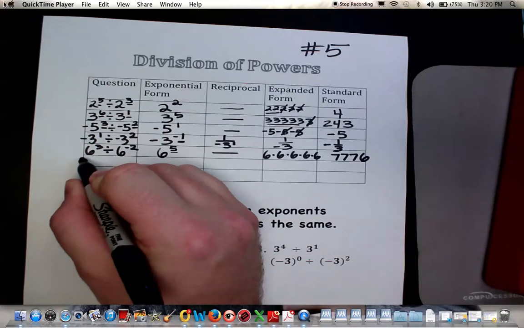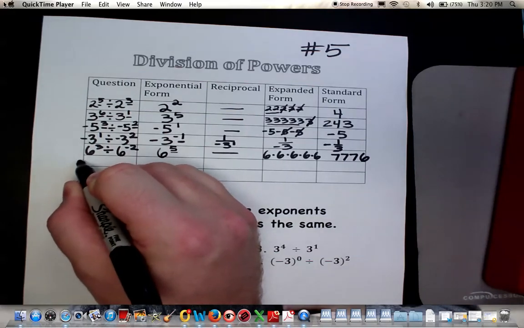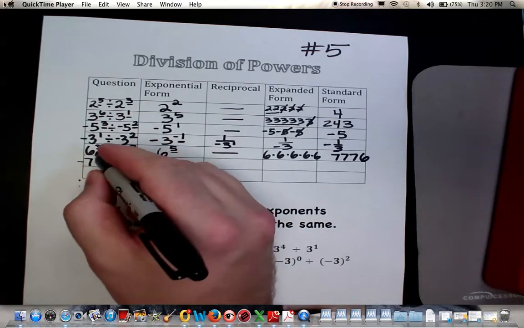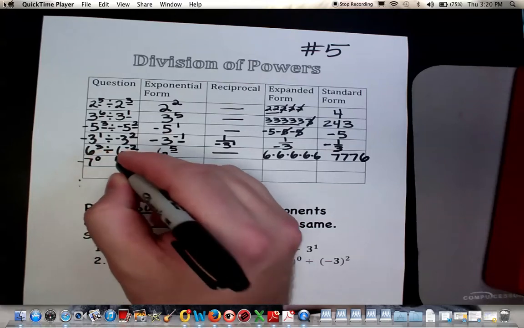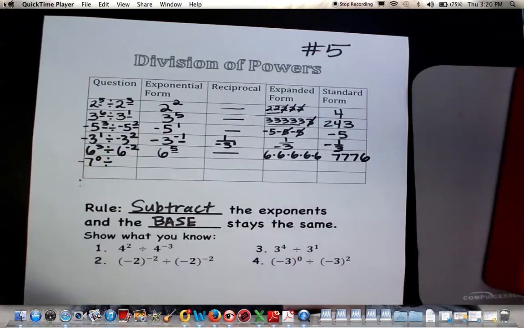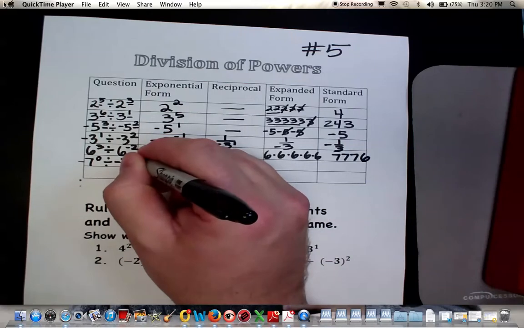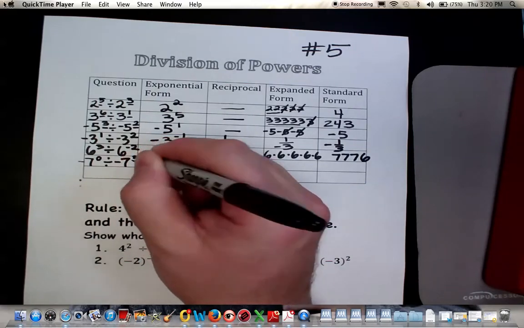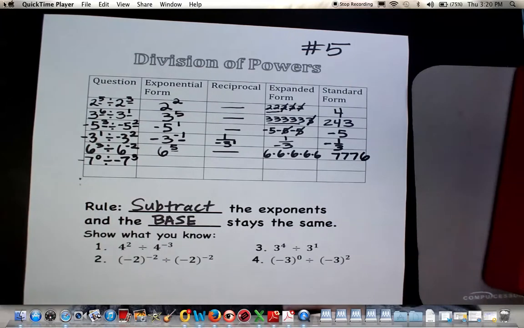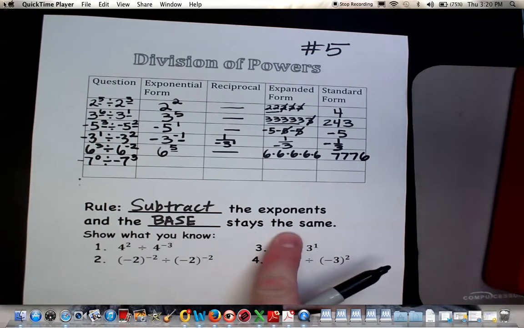Let's see here. Let's do negative 7 to the 0 power divided by negative 7 to the third power. Okay? So I need to find out my bases, because it says here the base stays the same.